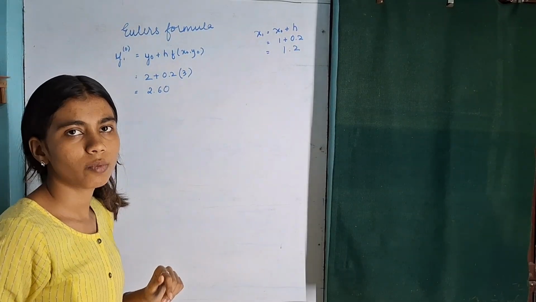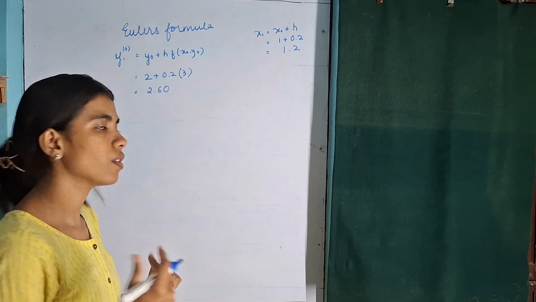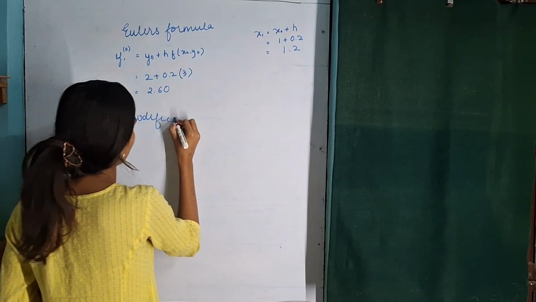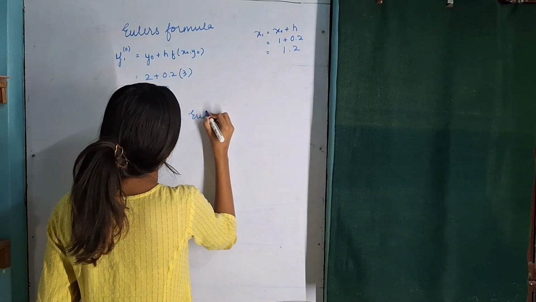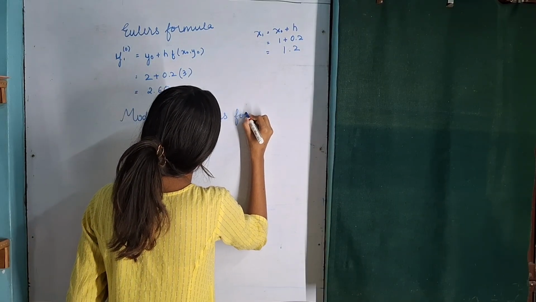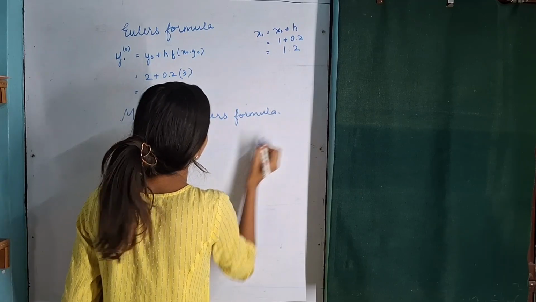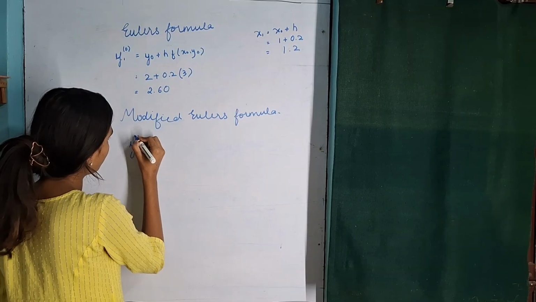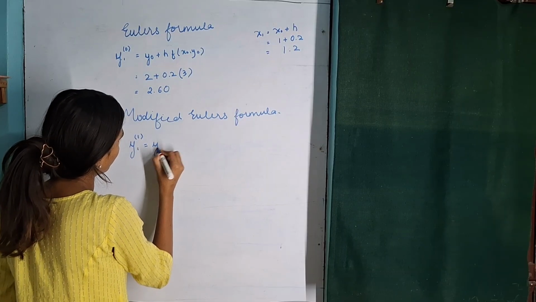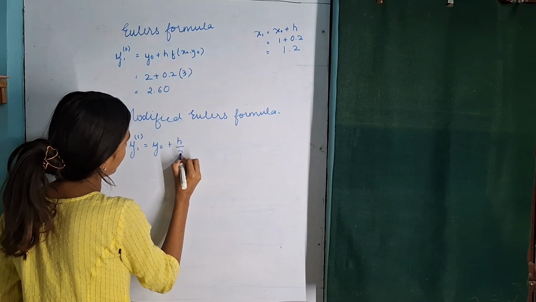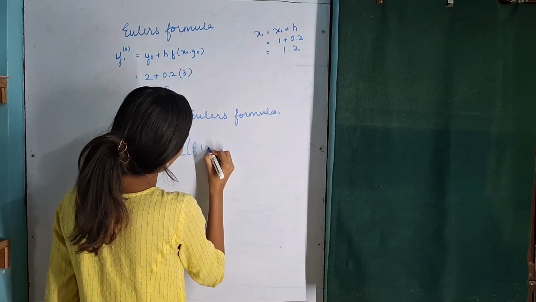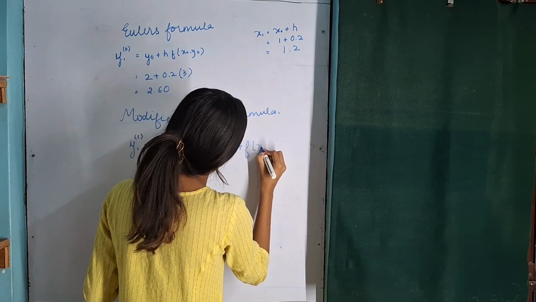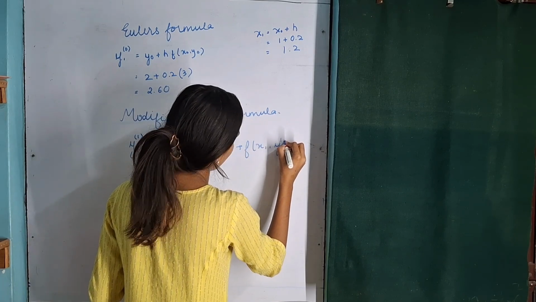After finding Euler's formula, we are going to put the modified Euler's formula. So what is the modified Euler's formula? We get y1 of 1 is equal to y naught plus h by 2 bracket f of x naught comma y naught plus f of x1 comma y1 of 0.